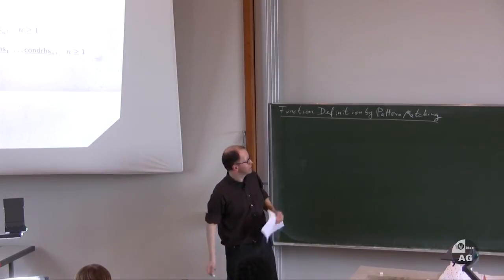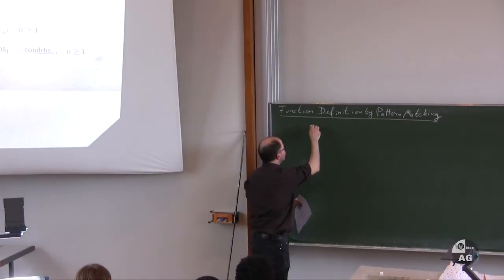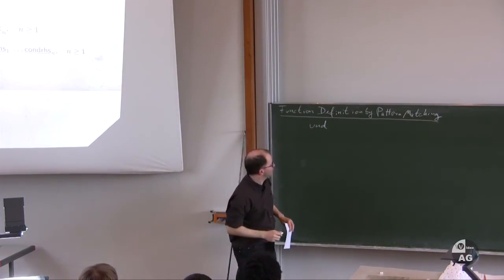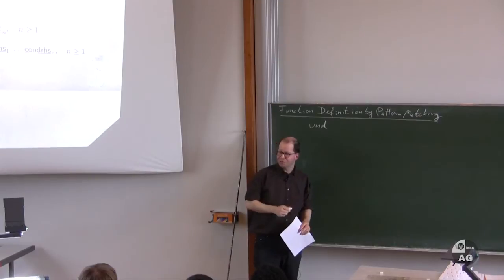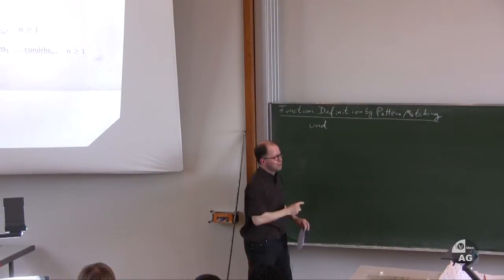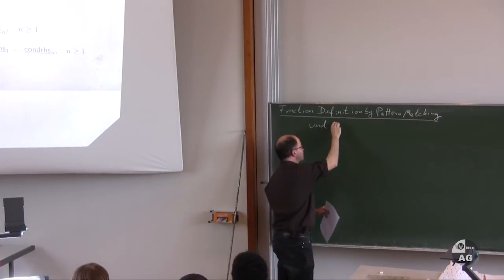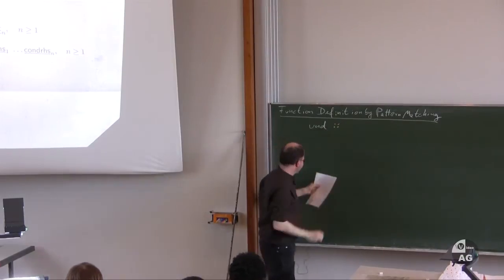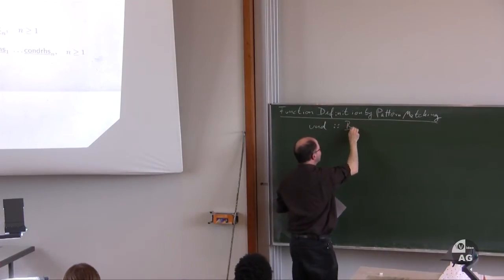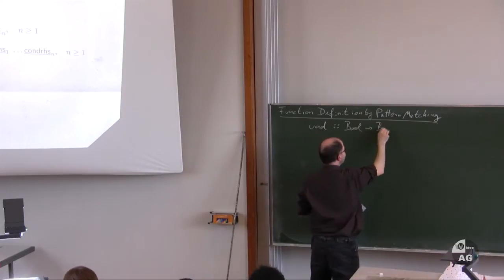But AND is predefined in Haskell, so I need a different name. So I call it und. So this gives the English-speaking people in the audience the opportunity to learn some German. So in case you didn't know, this is the German word for and it's pronounced und. So it goes from bool to bool to bool.